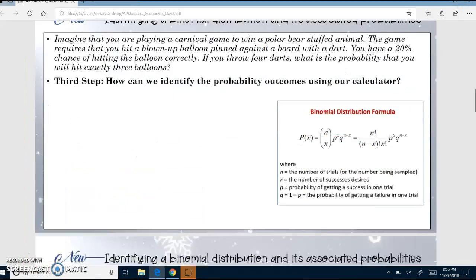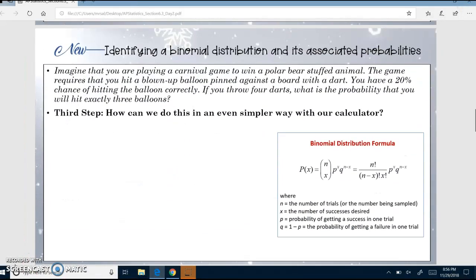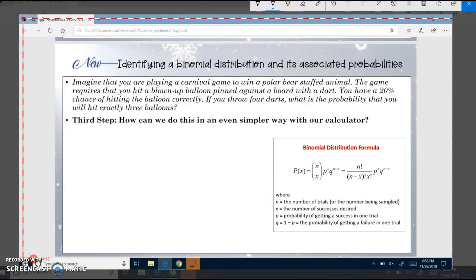Now, the even better news, you guys, is that we can make it go by even faster than it just went by using one more technique in our calculator. So instead of having to enter 3 different factorial expressions, what I can do is use the combination button in my calculator. So my n value here, number of trials, is 4.